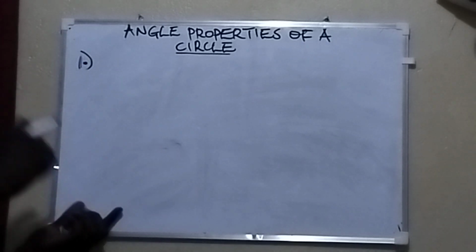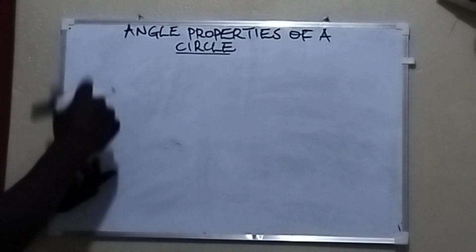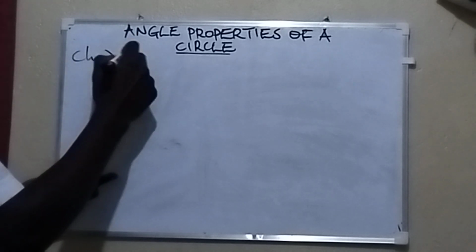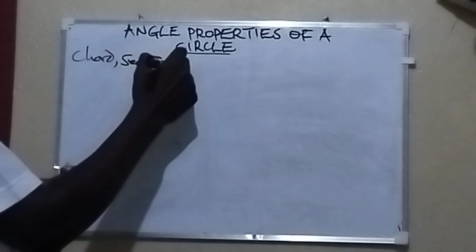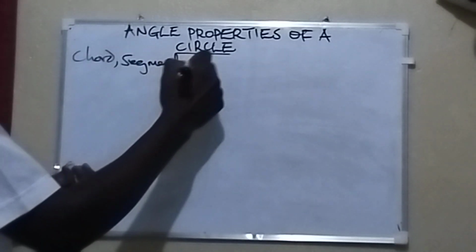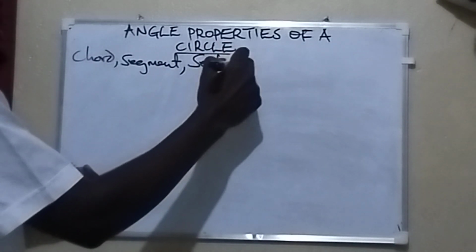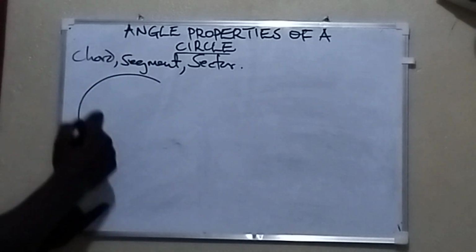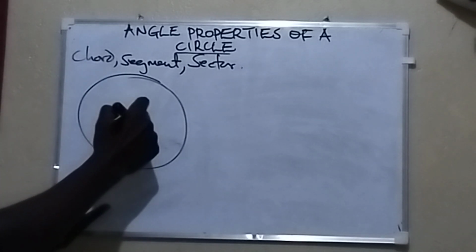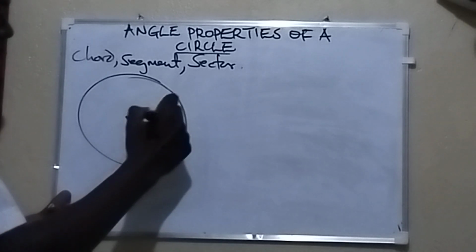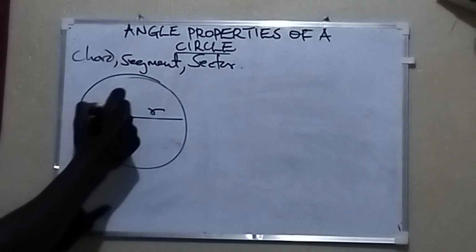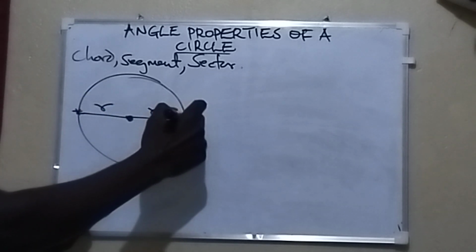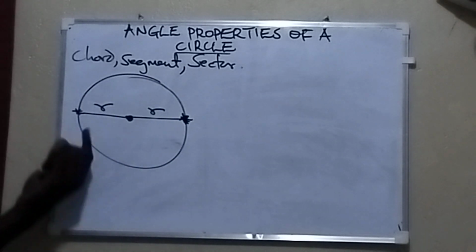Even before we start with the property, we need to understand first what is a chord, what is a segment, then we have also a sector. So if you have a circle, you have the center, you know this one is the radius, then from this point to this point we have the diameter.